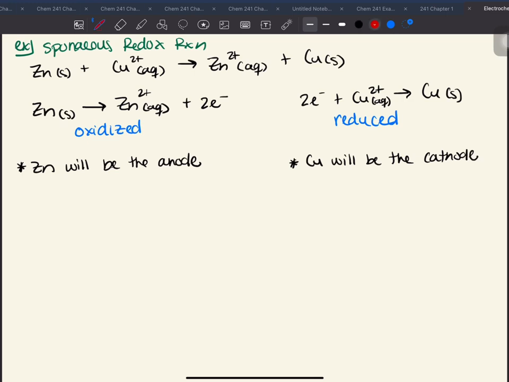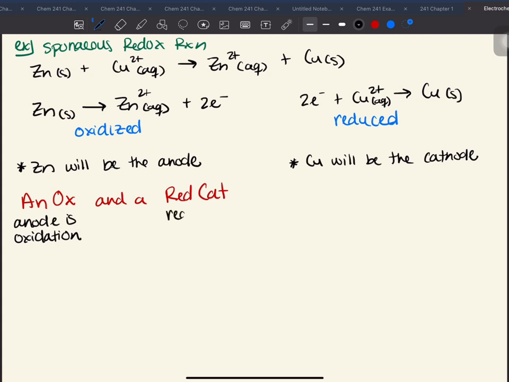Now we have a saying which is An Ox and a Red Cat. And all that means is An Ox just means anode is oxidation, and Red Cat just means reduction is at the cathode.